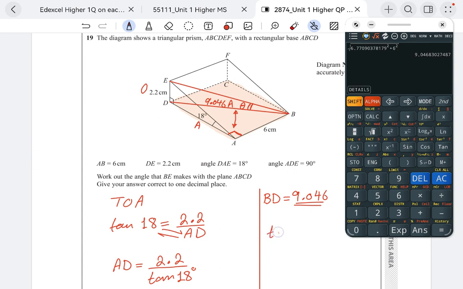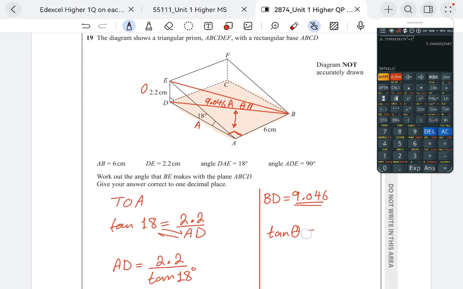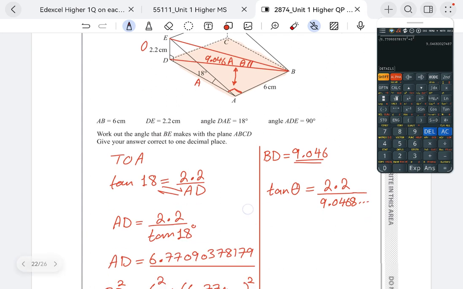So tan theta equals the opposite, which is 2.2, over the adjacent, which is 9.0468 and so on. Actually, I don't want tan theta, I want theta only. So to find theta, you will say tan inverse of 2.2 over 9.0468 and so on.